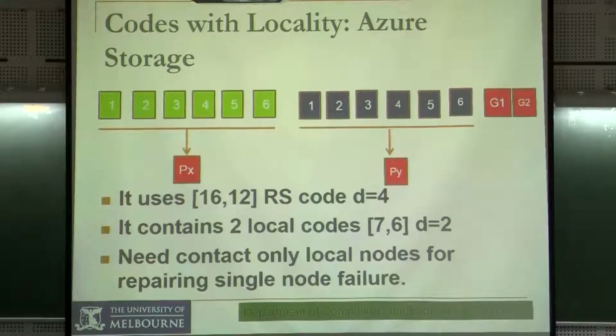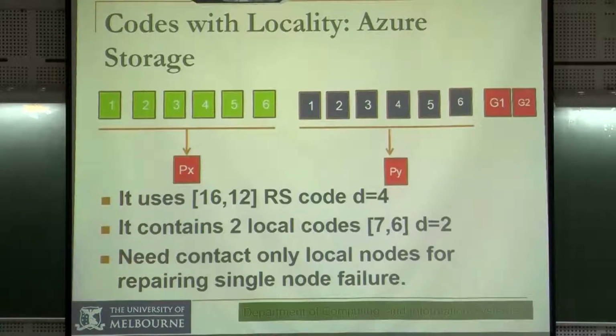The first 7 symbols form another Reed Solomon code, so the parity here is generated on those, and the next 6 have another parity. So if one of the nodes fails, the failed node has to contact only the nodes in that group to repair. This idea they used, and it is in fact helping a lot.